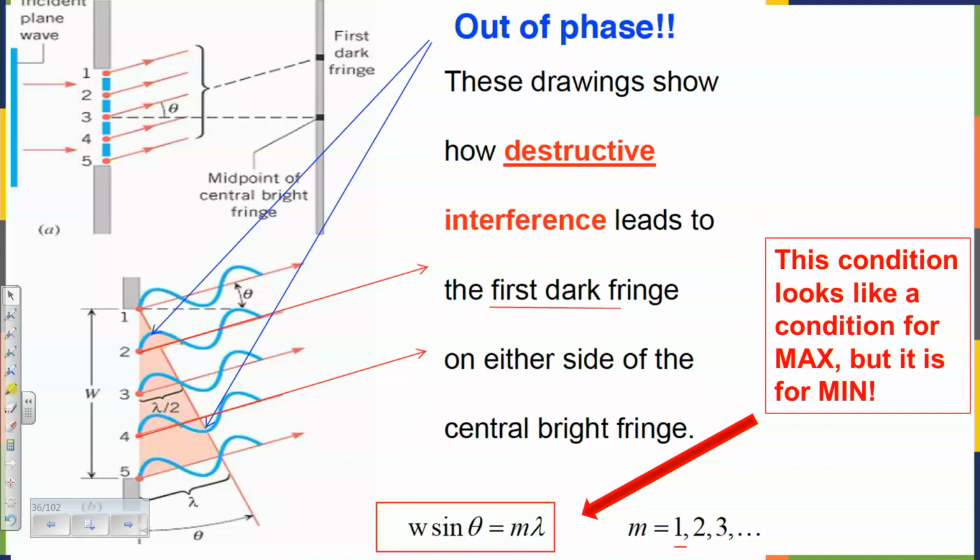A common point of confusion is that this equation looks like an equation for maximum. But for this particular optical device, a single slit, this equation represents the location of minima. And there are no maxima. There is no location for maxima for a single slit interference pattern.